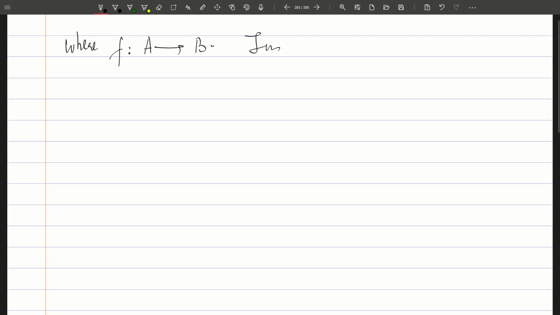So indeed, this Hom(S, -) is a functor. To prove this, it suffices to prove that Hom(S, -) preserves the identities and the composition.